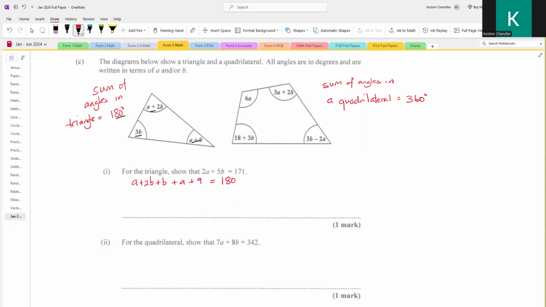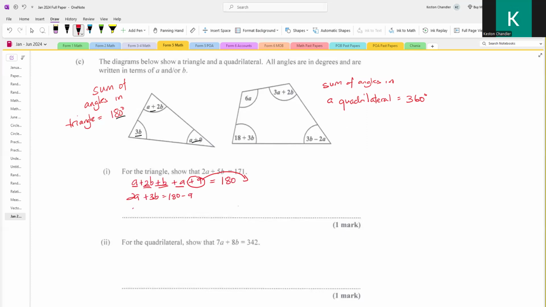Now, when you're simplifying expressions, I suggest underlining similar terms. So a and a is 2a. Then I could do the b's. That's 3b. And then this 9, right, is not a variable. I just could move across here to work out with this 180. 180 minus 9.